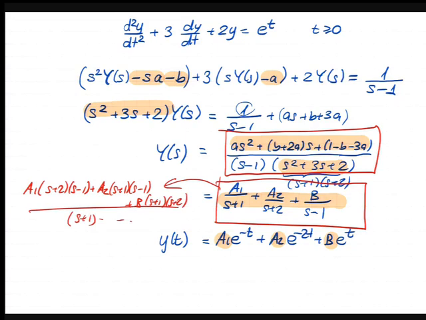So denominators match. That's not the issue. The issue is to match this numerator to this numerator, and that will give you three equations for A1, A2, and A3. All right? Got it?